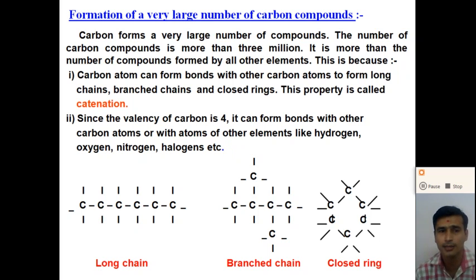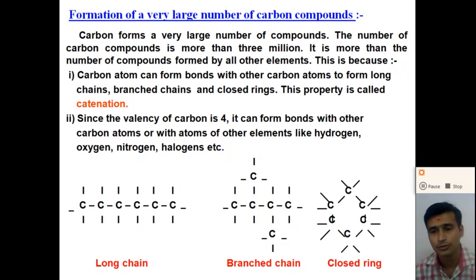It can make covalent bonds with 4 other carbon atoms, or with atoms of other elements like hydrogen, oxygen, nitrogen, halogen atoms. In all these ways carbon compounds are formed. So carbon forms a very large number of compounds because of these two reasons, right?